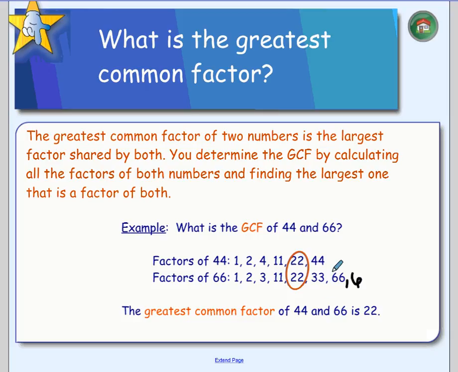If we look at the common factors of these two numbers, we have 1, 2, 11, and 22 in common. However, the greatest common factor that they have is 22, and that's where we're going to get our answer from.